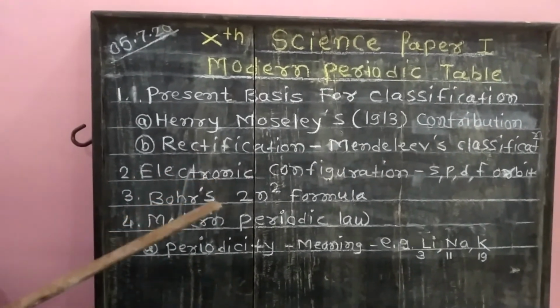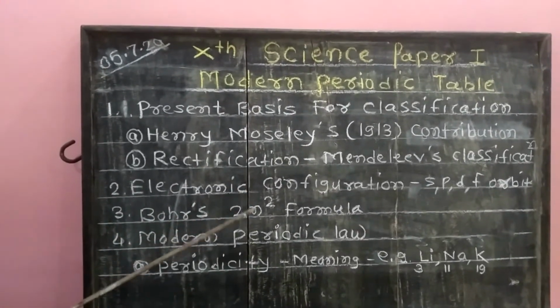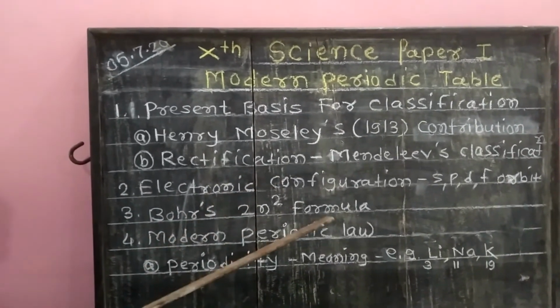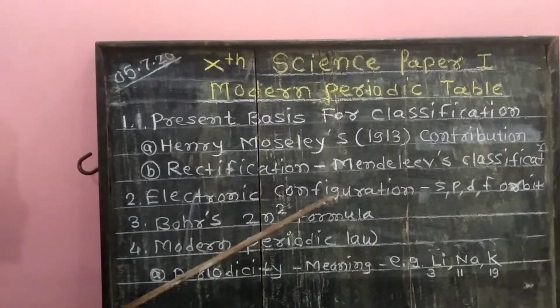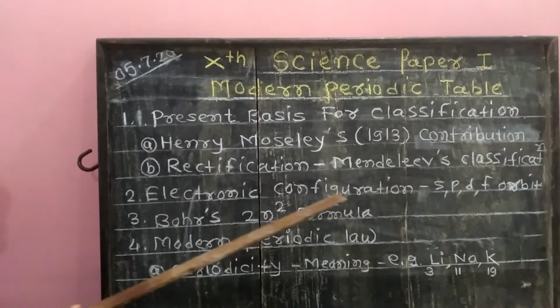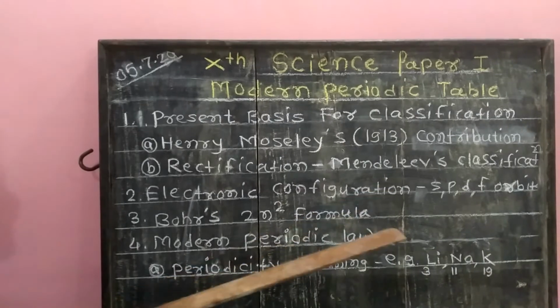Now let us learn about the electronic configuration. Electronic configuration means the shell-wise distribution of electrons. In previous years, we have learned the electronic configuration as K shell, L shell, M shell and N shell.